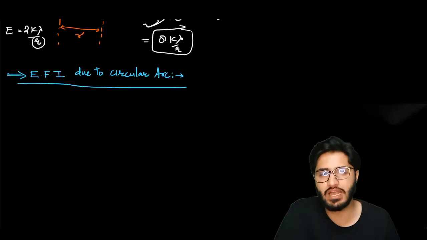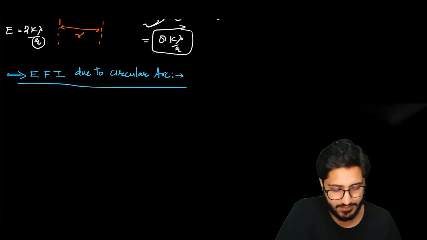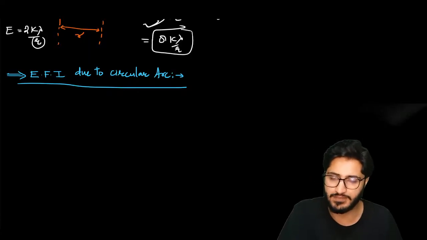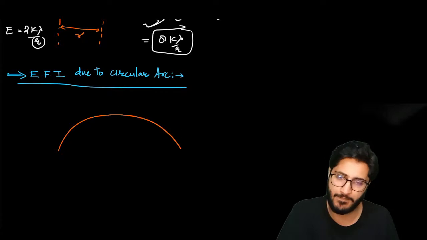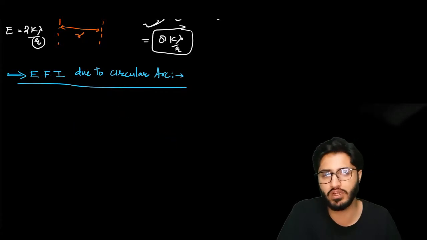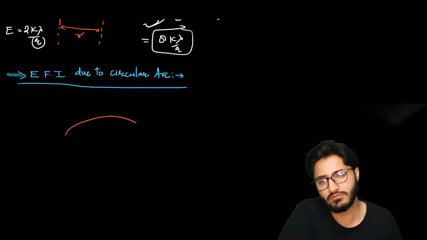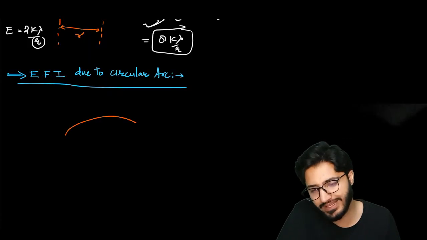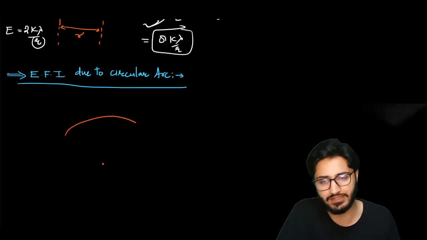Let us suppose we have any sort of arc. If this is my arc, I will take a small arc. I need to get the electric field intensity at the center.